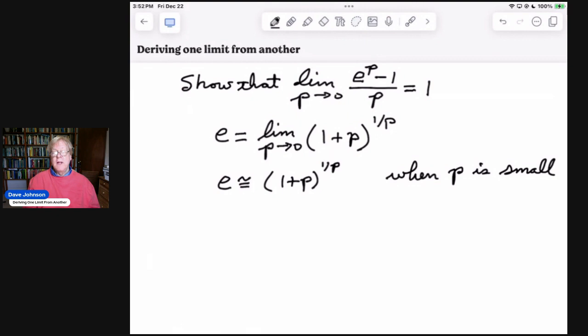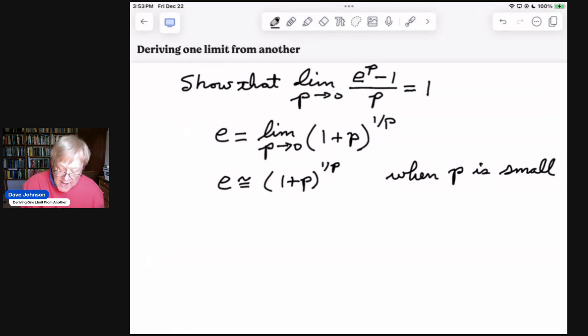Well, it's only really true when p is very, very small. In fact, the limit is p goes to 0. Yes, but there's nothing in this equation that says that p can't be small. Maybe 0.01 or something like that. And we're not going to specify exactly what the value of p is. We're just going to say that it's small.